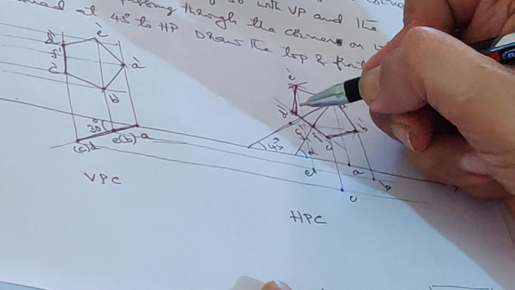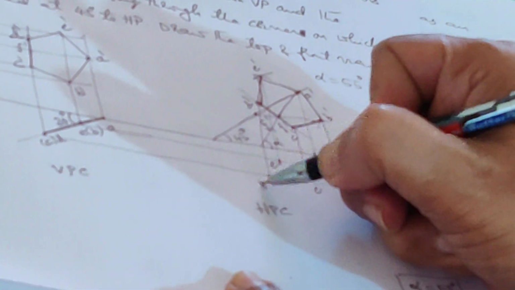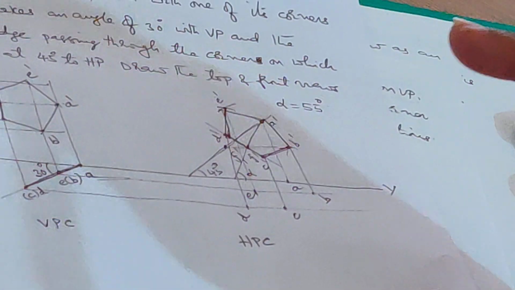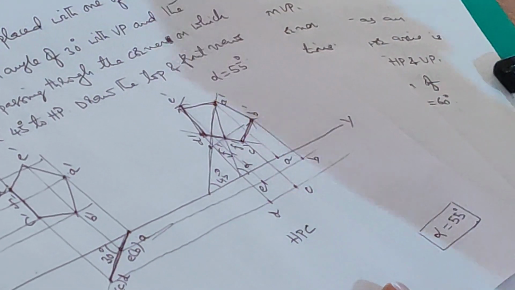As soon as you project them, just name them. I have seen some students waiting till the end, till they complete all the projections. Don't do that. As soon as you draw the locus and the projections, just name them. That will help you a lot and avoid the confusion.